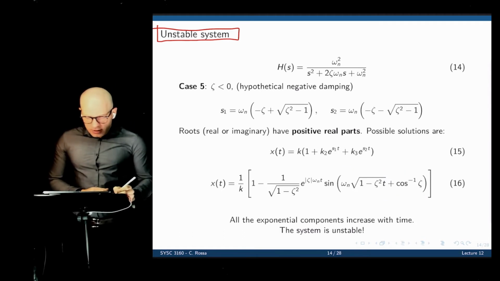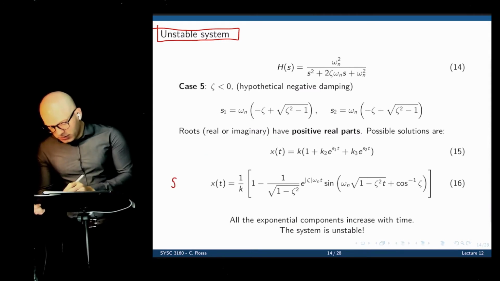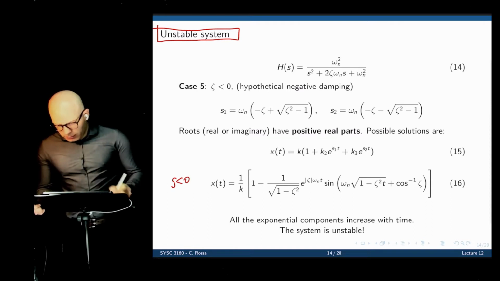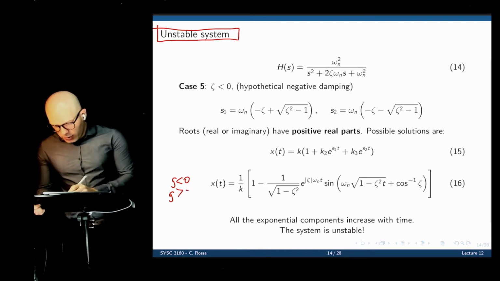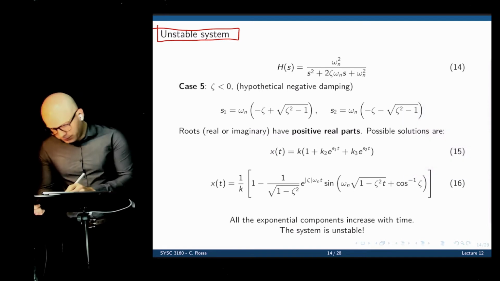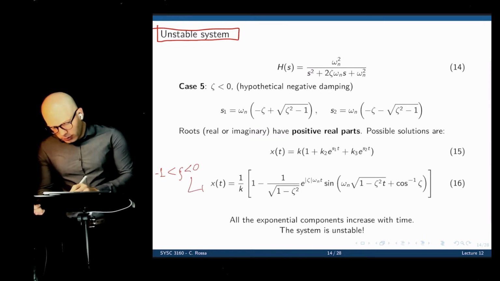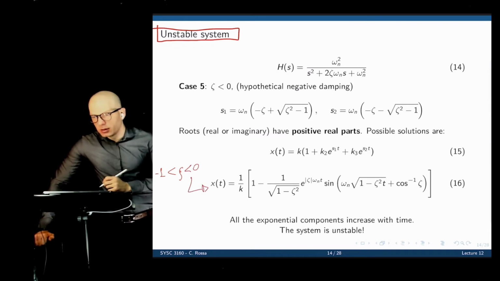So if zeta is smaller than 0 but greater than negative 1, then we have a sinusoidal and an exponential with the exponential going to infinity.